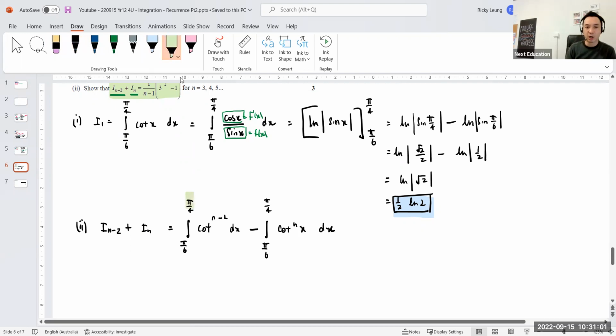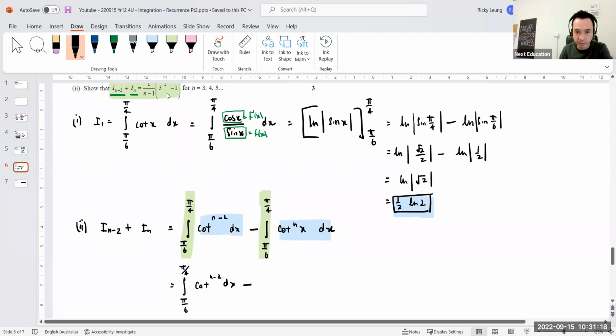Since we share a common limit, we can combine the integral, right? So let's go there. Now I have no idea how much space I have. I probably need to start a new slide, but let's persevere. Cot^(n-2) x dx minus cot^n x dx.